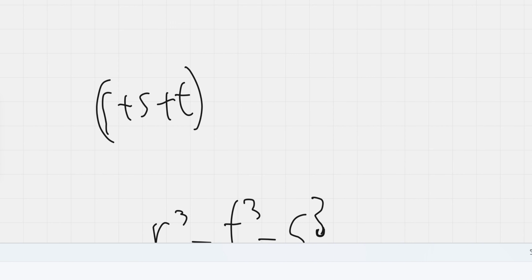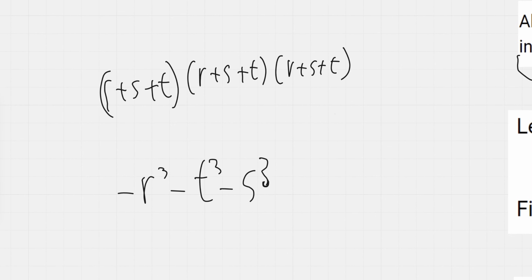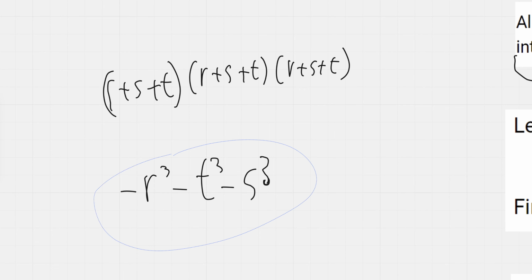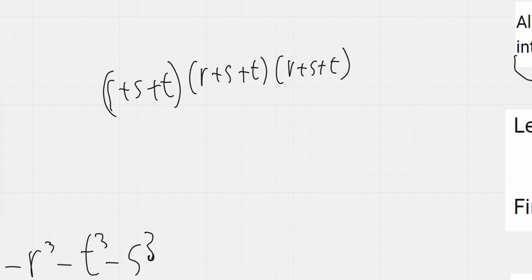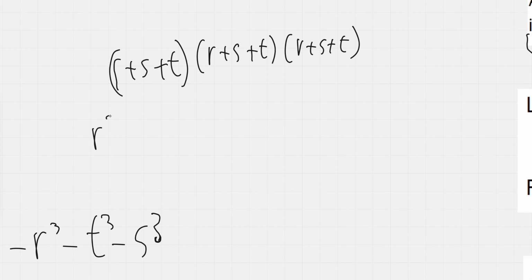So here we have R plus S plus T times R plus S plus T. From here, you can easily find R cubed like so, S cubed, and T cubed in the same fashion. But let's see what other terms you can find.